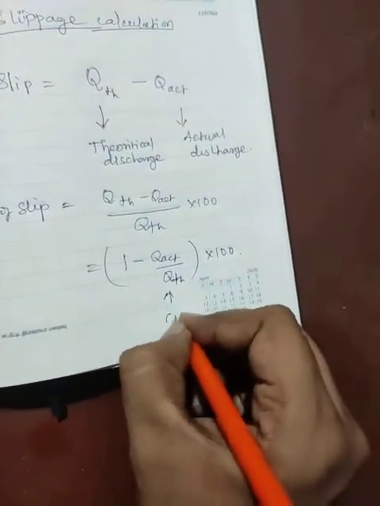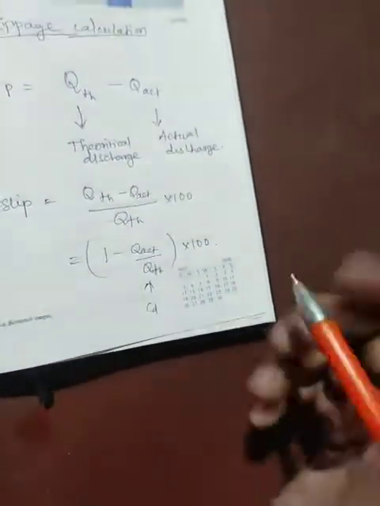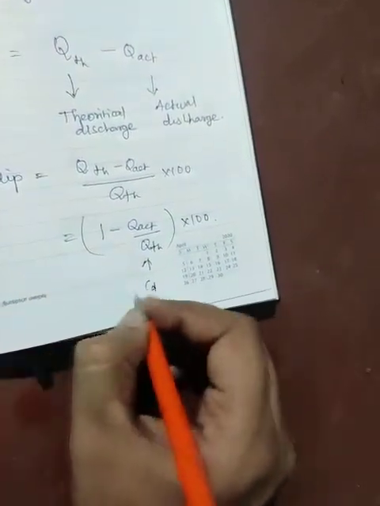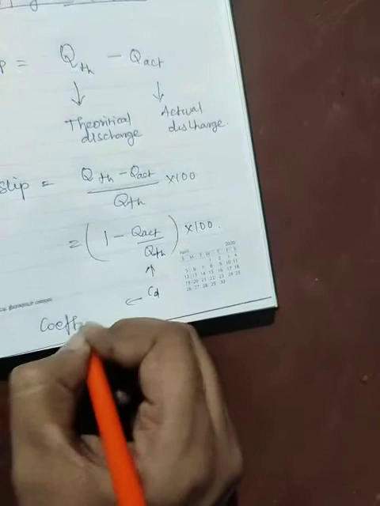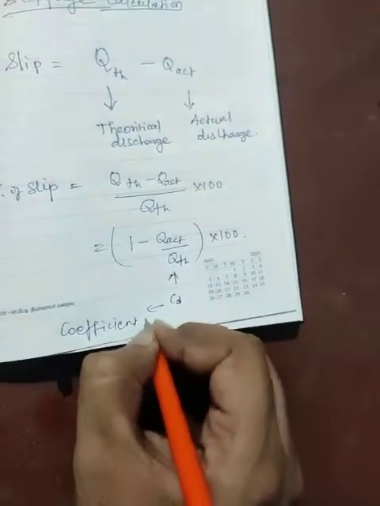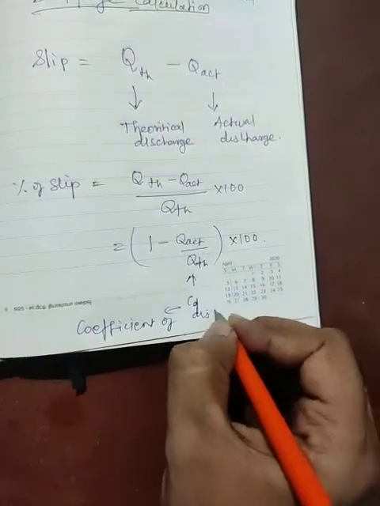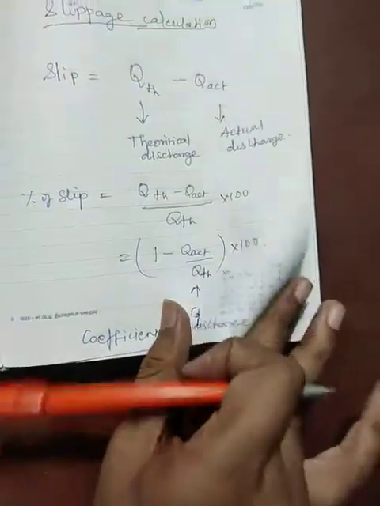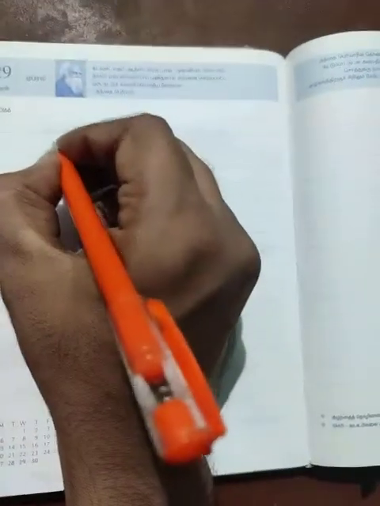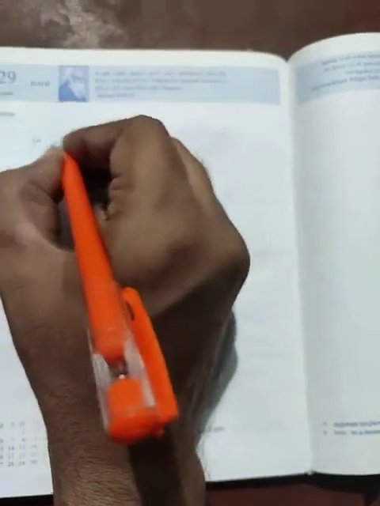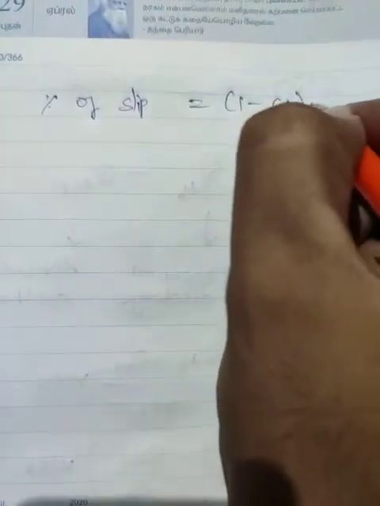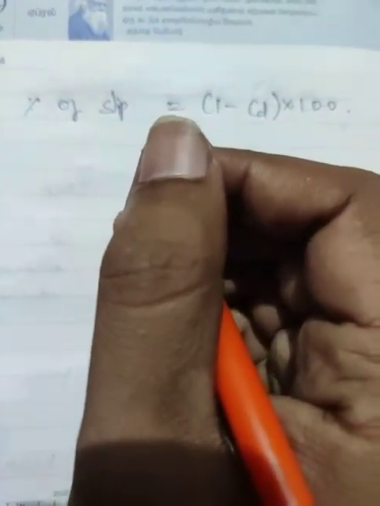Similarly, Q actual divided by Q theoretical into 100. Q actual divided by Q theoretical is nothing but the coefficient of discharge. So the equation would become 1 minus CD, where CD is the coefficient of discharge. So the final equation for percentage of slip will be equal to 1 minus CD multiplied by 100.